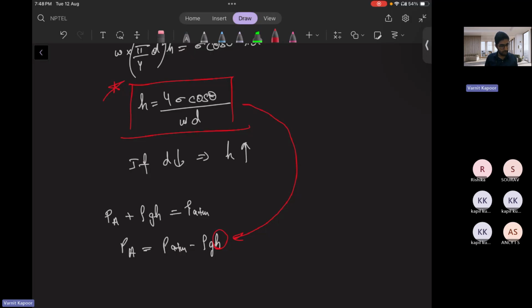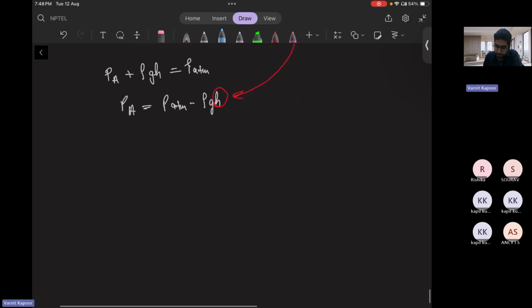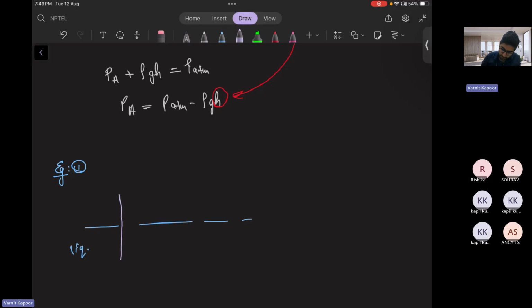Let us see two examples. Example number one. So this was the rise of the liquid, right? This was rise, capillarity, and there was a rise of the liquid in the tube. So let us see example one. Suppose I have a liquid like this, and I have two plates like this.